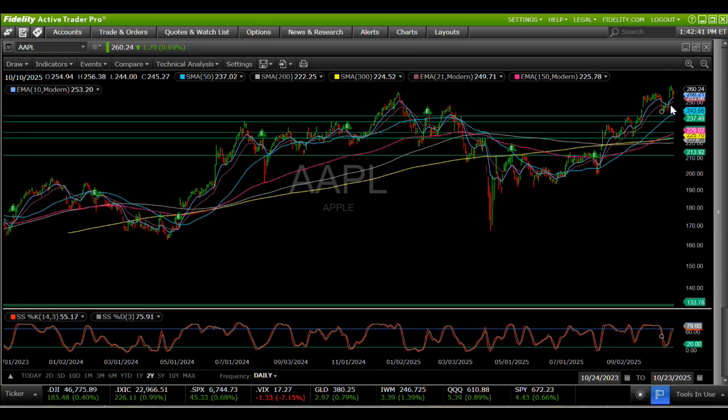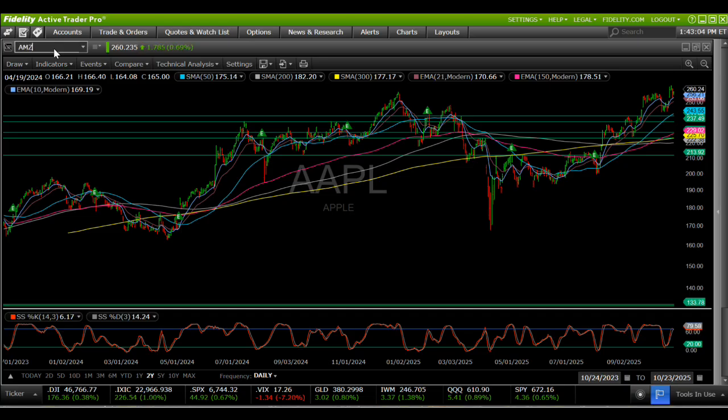And then it looked like we were going to form a handle, and all of a sudden the thing took off. So we're well above 260 now, at 260.24. I thought we would have more of a bigger handle, but it looks like it's gotten above that 260 level. So we'll see if that holds.